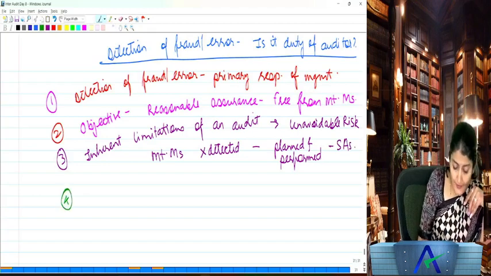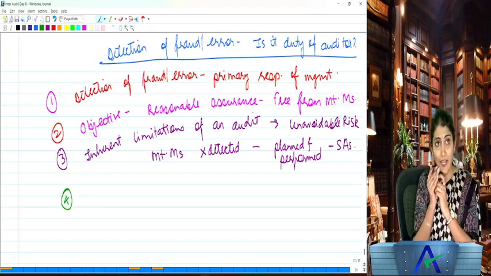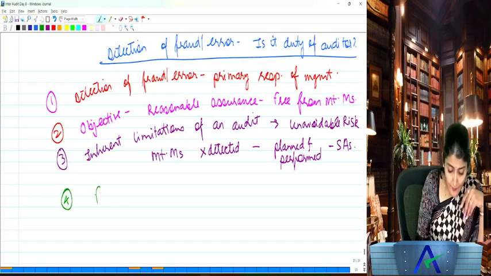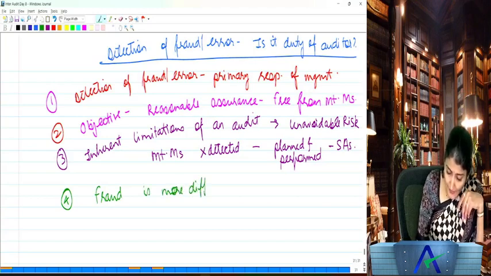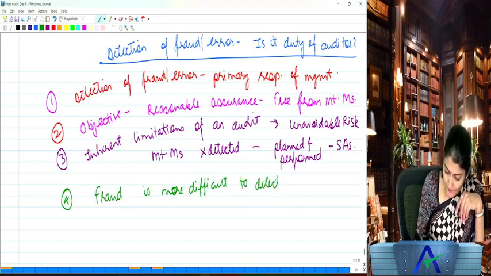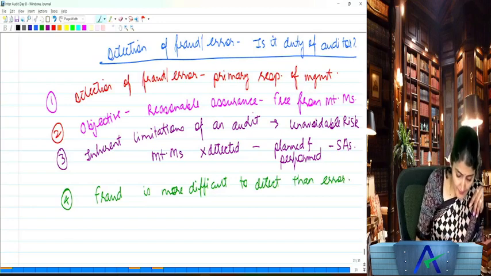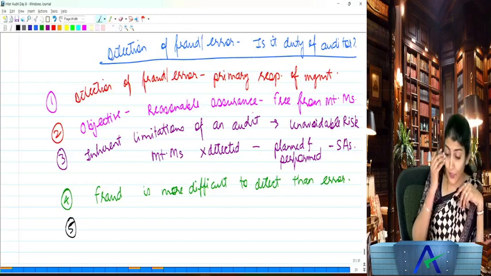They say, auditor, is detection of fraud and error your duty? He says, fraud is more difficult to detect than error.